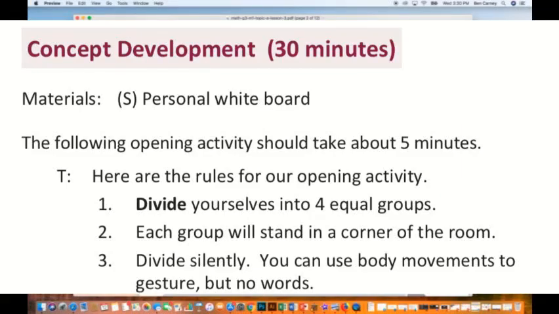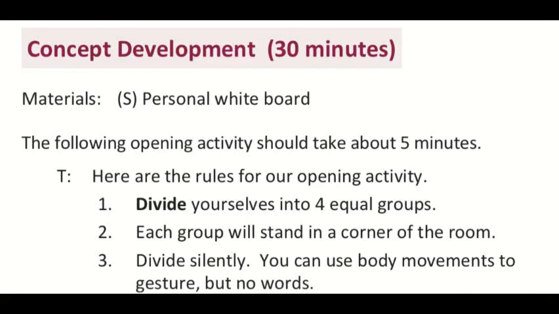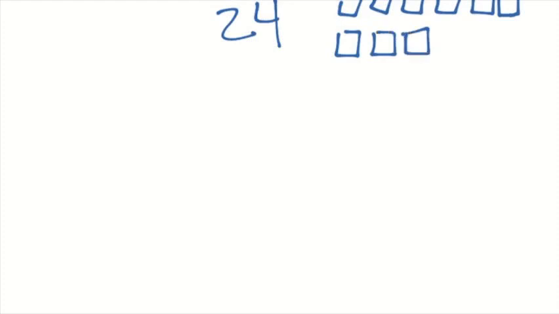Again, I'm mostly concerned with the concept development. To divide 24 into 4 equal groups. It's asking us to do this with students, but since we're modifying this for the blended learning model, I'm going to use manipulatives. So I'm going to take 24 base 10 blocks or 24 counters, any manipulatives that you can get 24 objects from.